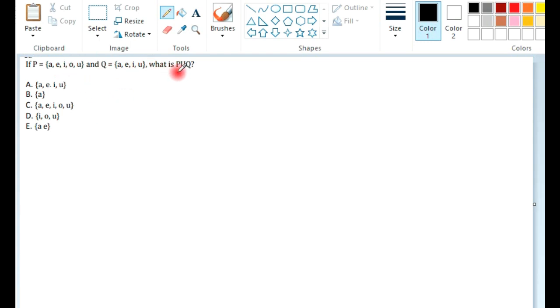Union simply means putting all the elements together without repetition. So put all the elements that are in both sets without repetition. So technically the union is just going to be A, then we have E which is in both, I, remember without repetition, O, then U. So this is this. So the answer I think should be this guy.